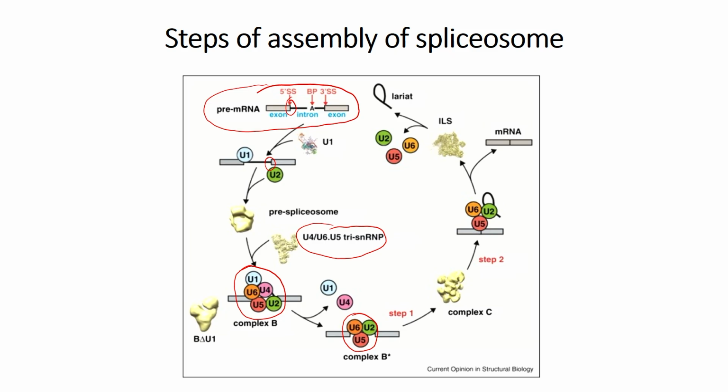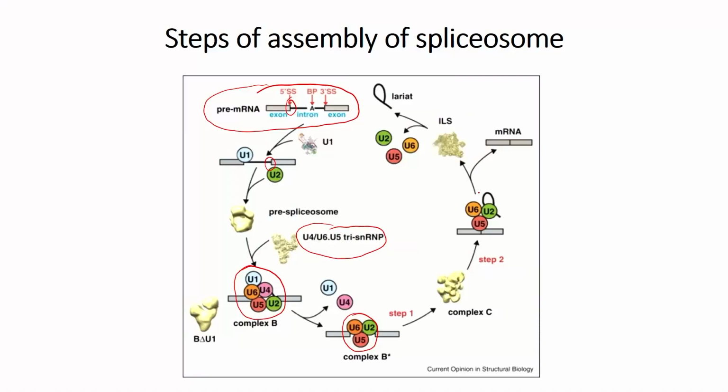So, what are these proteins doing? These proteins are actually making them join together. I said that there is a GU. At that place there are proteins, and those proteins will fold it and get it touched with the A. So, now GU is in touch with A. This is a loop kind of situation.